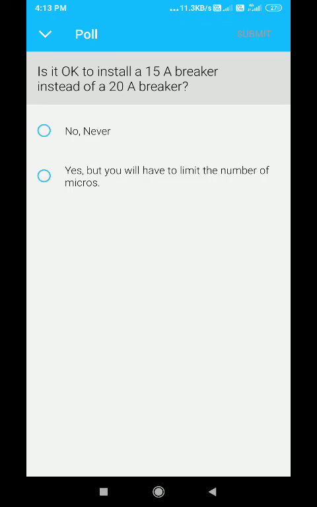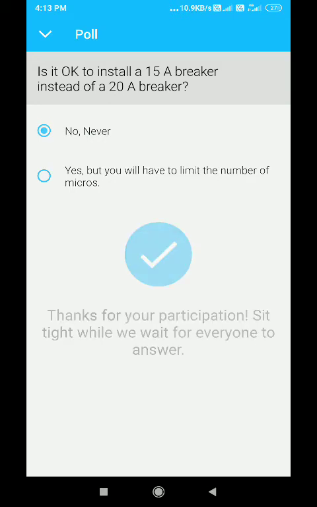Remember the slide where we talked about what should be the MCB or the circuit breaker installed at the Q cable level. We're talking about 20 amps. So we are asking, is it okay if you have 15 amps instead of 20 amps?